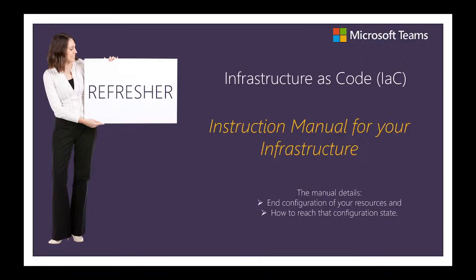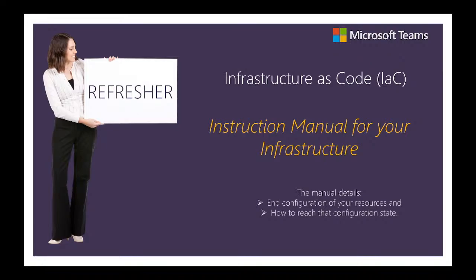How do you assemble it? Well, IKEA gives you a manual, and the instruction manual contains everything. In order to reach that end state, you start from step 1, go to step 2, go to step 3, and then you will end up there. The end goal we know, and there is a series of steps to get there. That's exactly what IaC is, an instruction manual for your infrastructure.